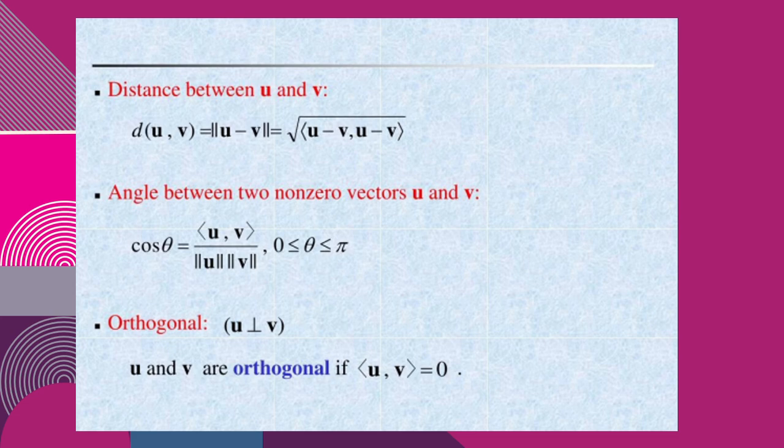Cosine theta equals the inner product of u and v divided by the product of their lengths, and two vectors u and v are called orthogonal if their inner product equals exactly 0, written as u perpendicular v.